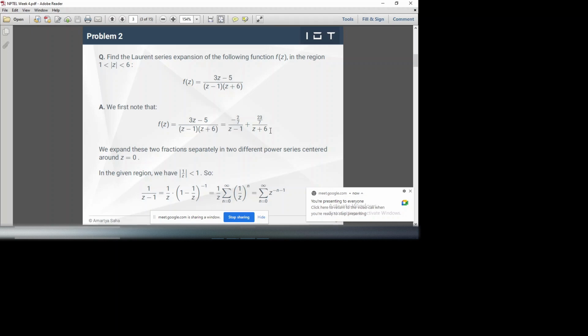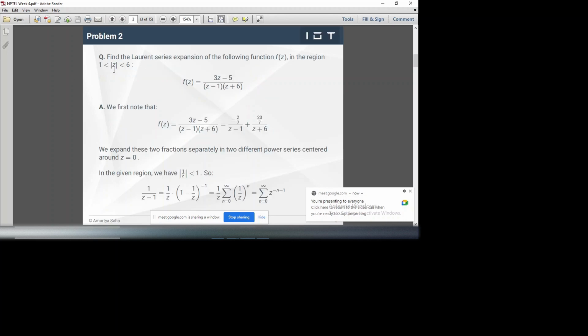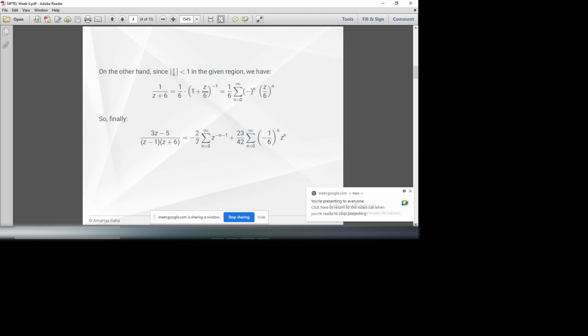So that is 1 by z plus 6. And of course, in the given region, we have mod z by 6 less than 1. So because our region is this one, due to convergence issue, we have to express this function as a power series of z by 6, because z by 6 has modulus less than 1.